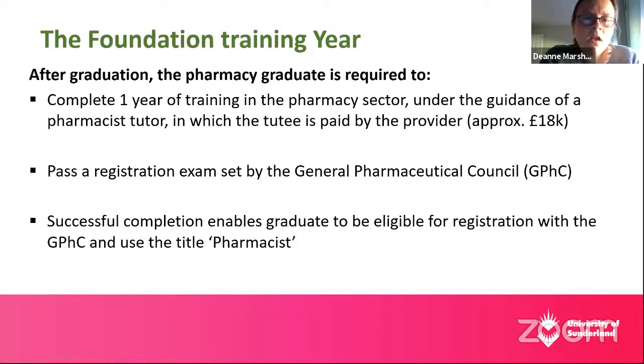Okay, so you need to pass both papers, and if you do that, it enables you to be eligible to register as a UK pharmacist with the GPHC and join the Register of Pharmaceutical Chemists. So myself and John are both on there if you want to find us.